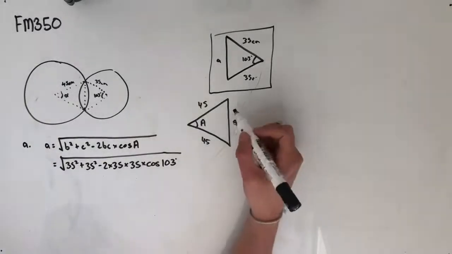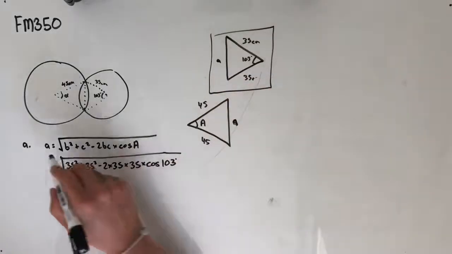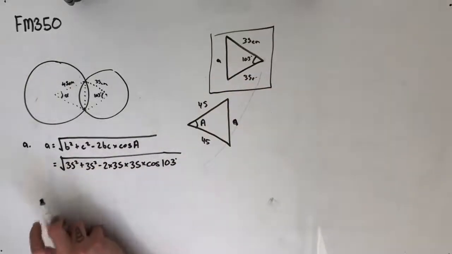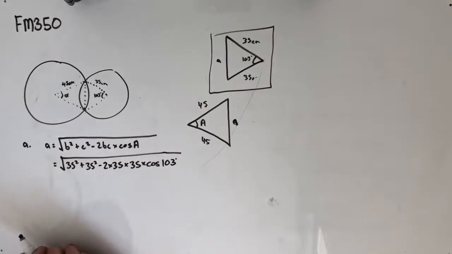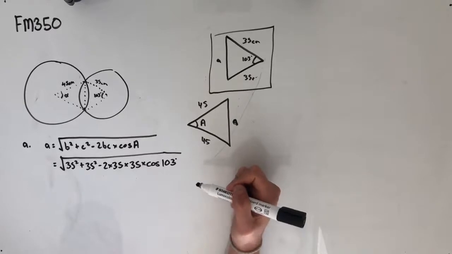Next we're going to have, now that we have a value for a, and that's this expression here. So what we're going to do now is figure out what this angle A, or alpha, is.